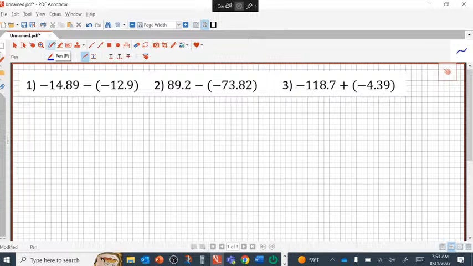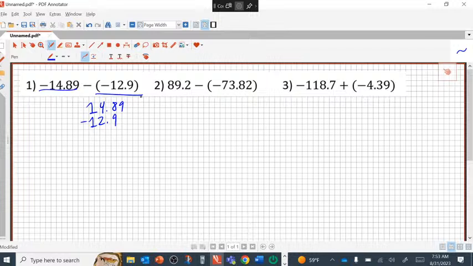Let's see here. Can I get a little bit of help from Thomas? How would you do really any one of these? Which one do you want to tell me how to do? Number 1, okay. So negative 14.89 minus a negative 12.9. How would you consider that? Since we're doing a negative minus a negative, we know it's going to act like subtraction.